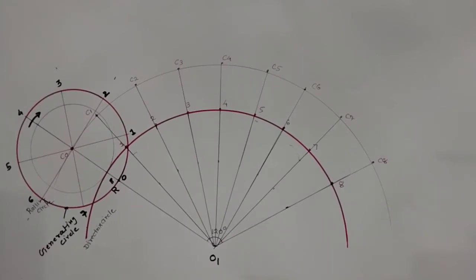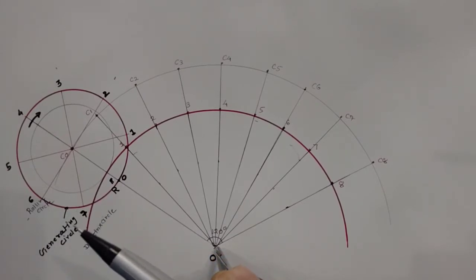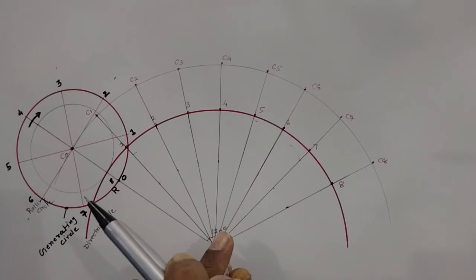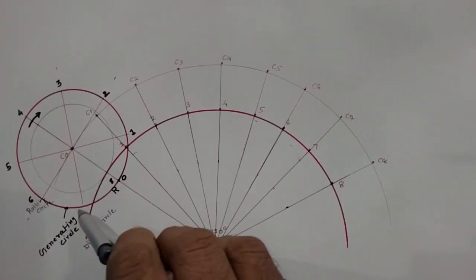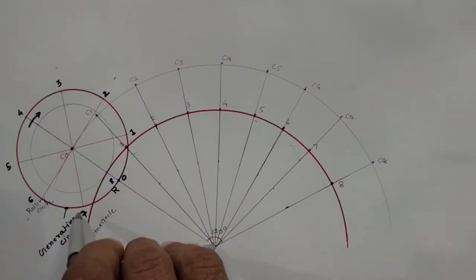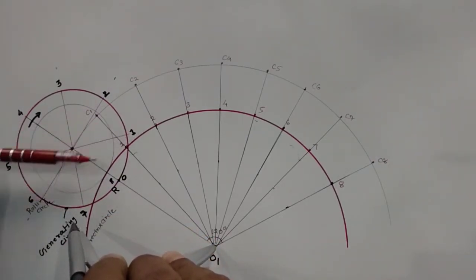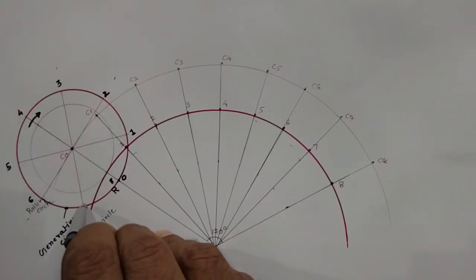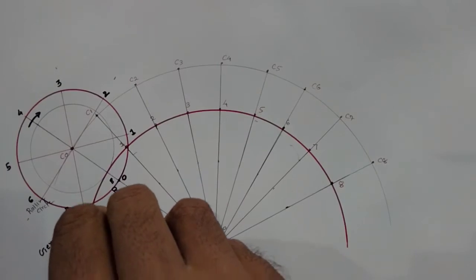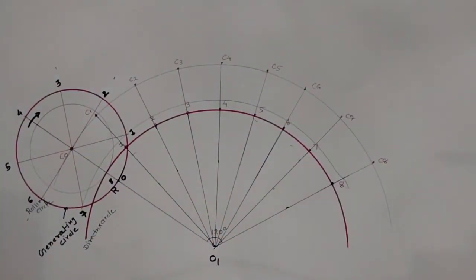Now similarly, we draw the circle from the generating points. So I have the 1 and 7 points on the generating circle. From this generating circle, we draw the circle parallel to the directrix circle.